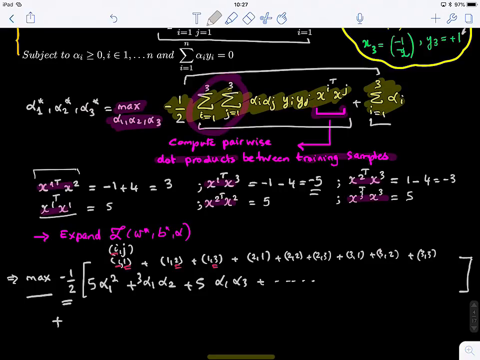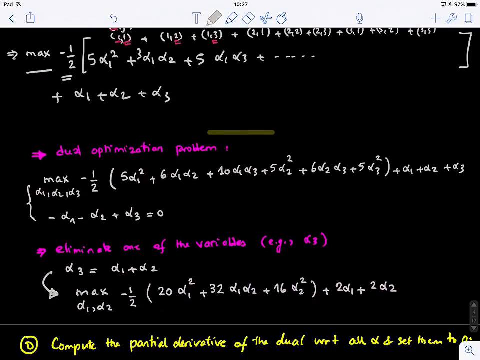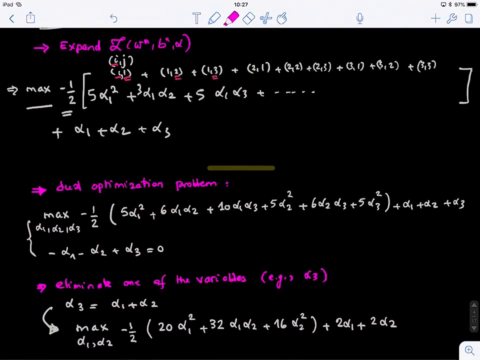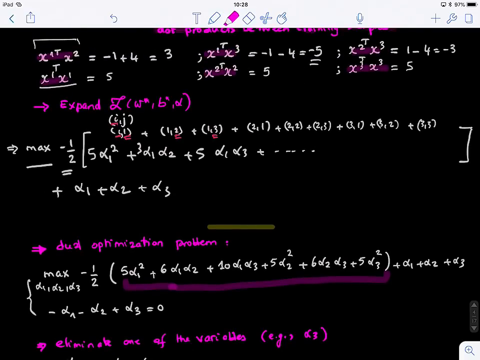And the last term is quite easy: alpha 1 plus alpha 2 plus alpha 3. If we do that, this is what we'll get. Right, so I think I made a mistake. Did I make a mistake, guys, for the first term? No. Right, so alpha 1, alpha 2.